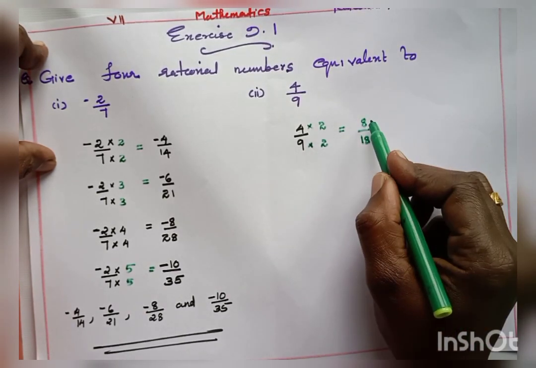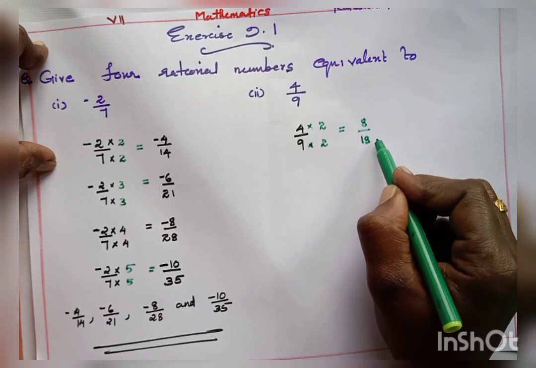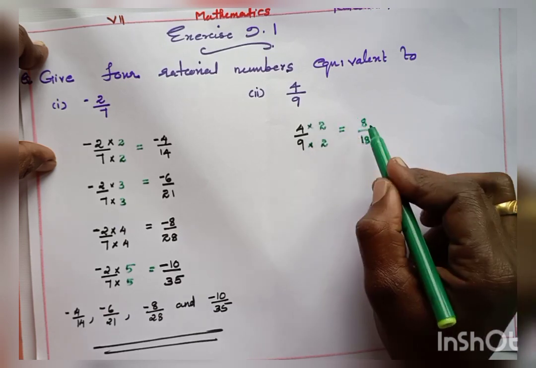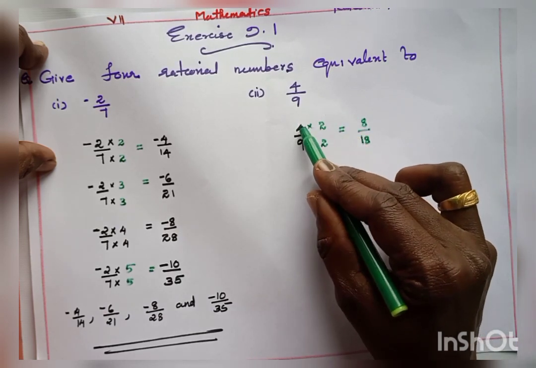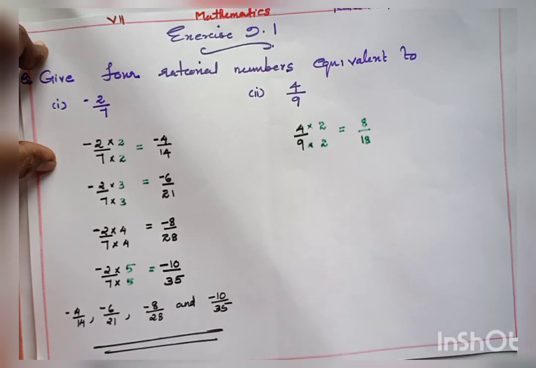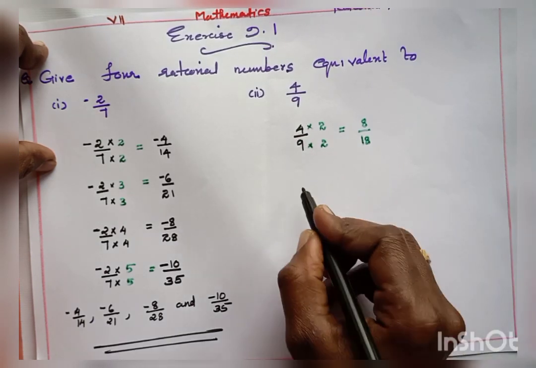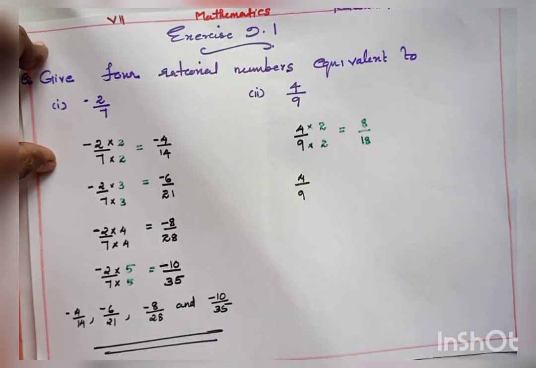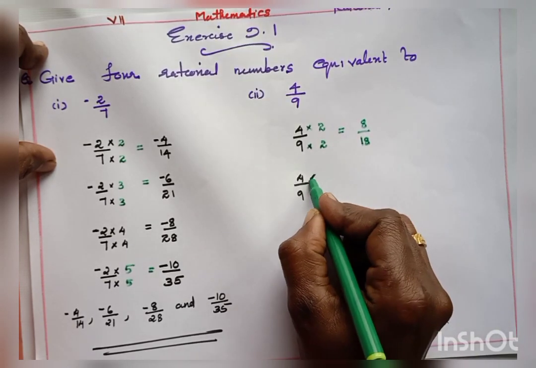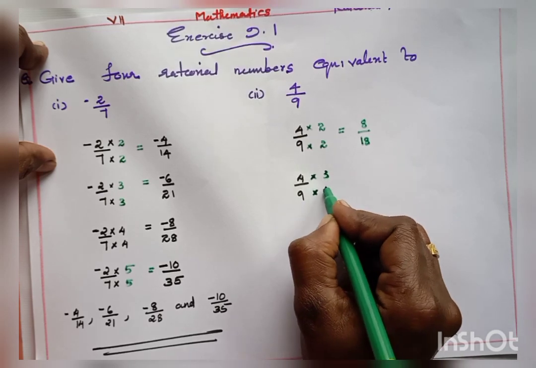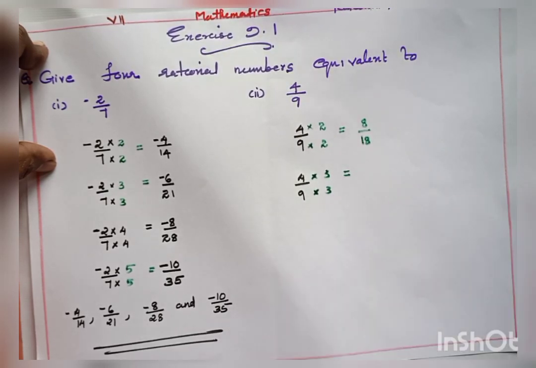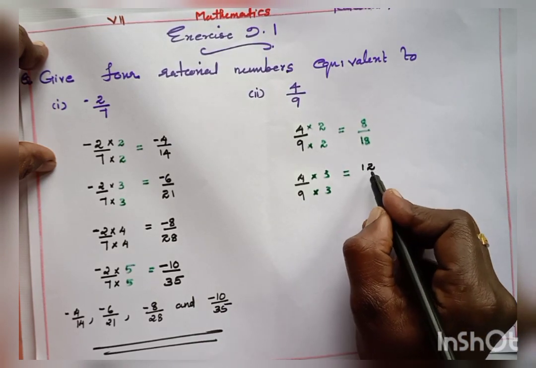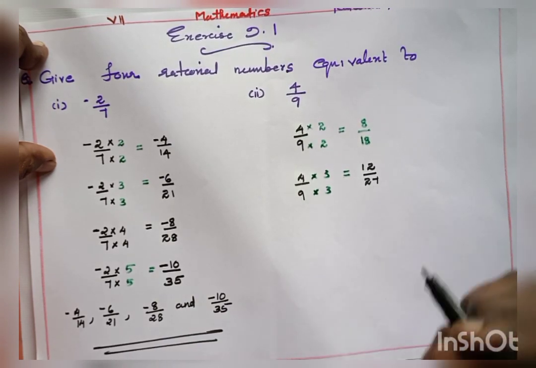Then 4 by 9, multiply by 3 or any other number. Into 3 on both numerator and denominator, we get 4 into 3 is 12 by 9 into 3 is 27.